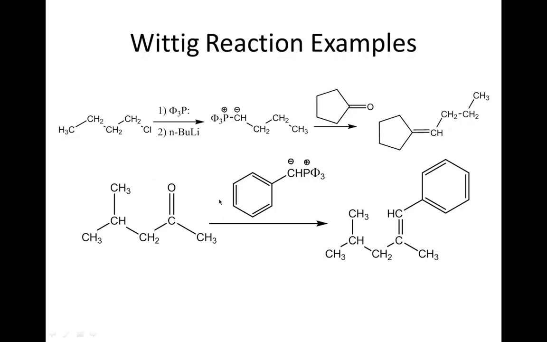Okay, so if you were doing a synthesis problem where you had to show the sources of everything, you would have to show where this came from. You'd have to show where this came from. And of course, if we were starting with alcohols, which we typically do in synthesis problems, you'd have to make this from an alcohol, you'd have to make this from benzene.